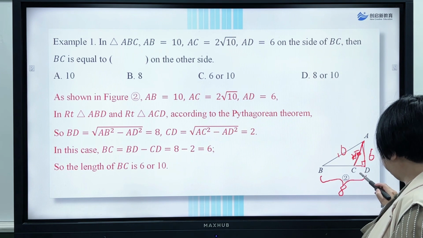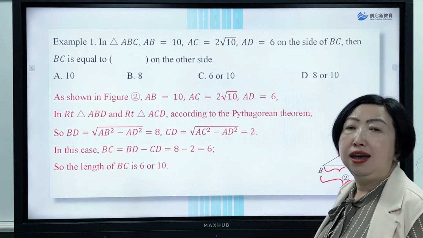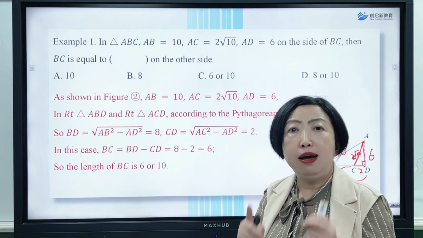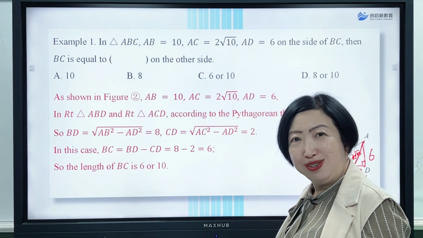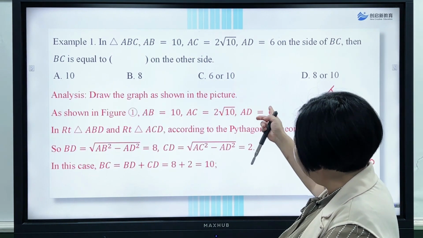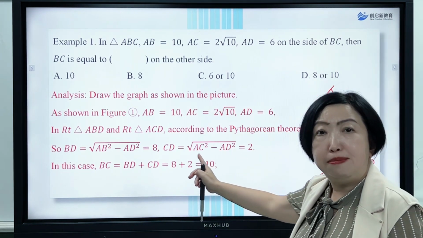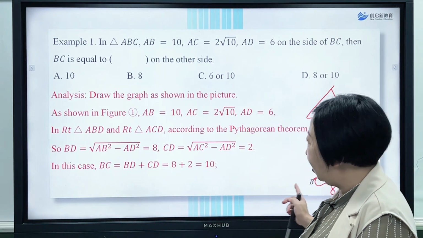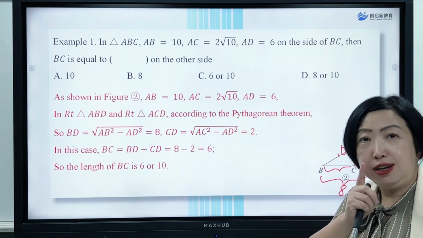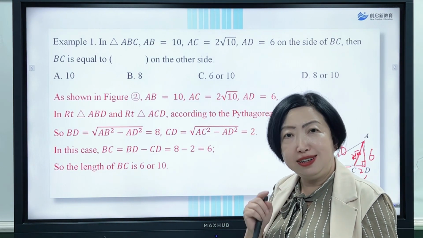Here is also 2. Here BC equals 8 plus 2. And here BC equals 8 minus 2.